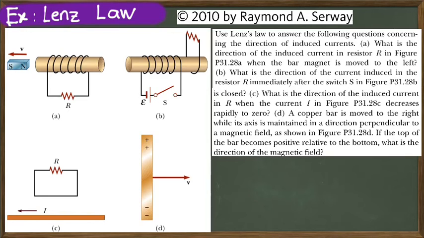And there will be induced current in the second loop such that the magnetic field created by this current must be in right. And that means the current will flow in this direction. Right?